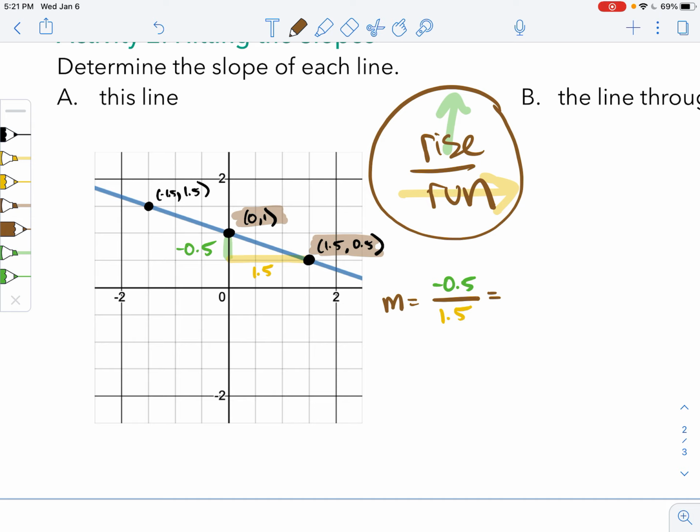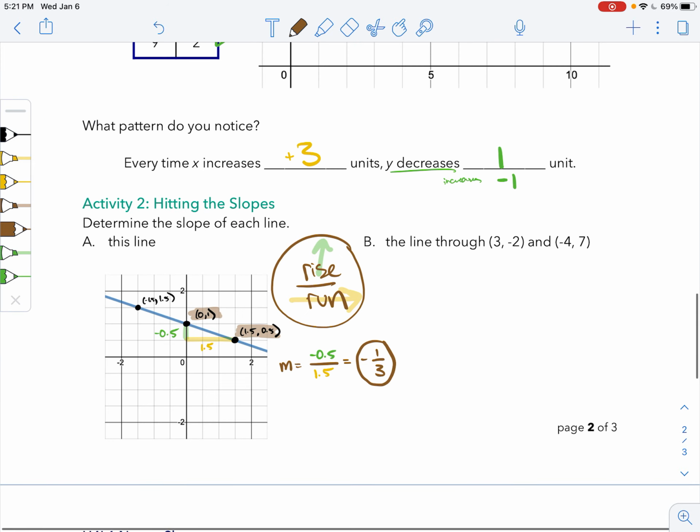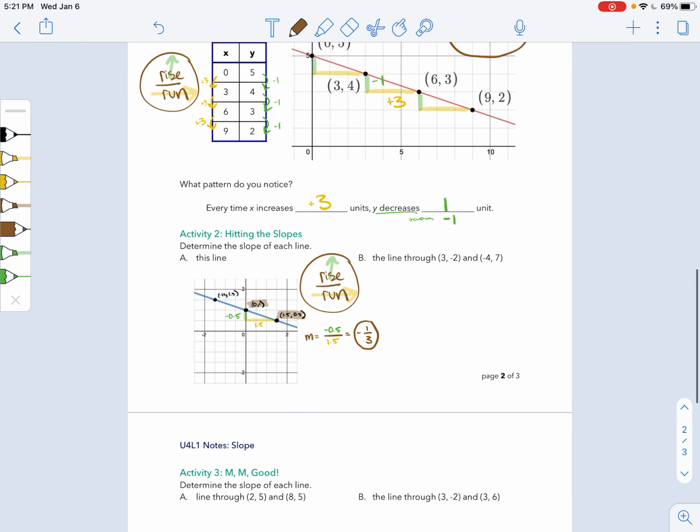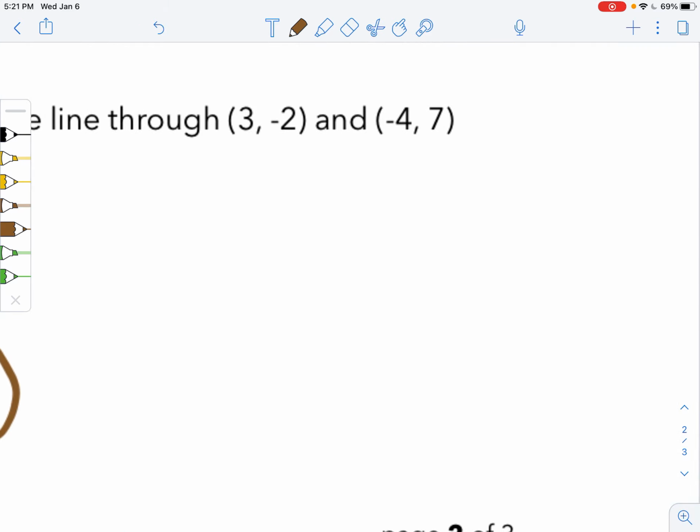It's a third, yeah, which is -1/3. So that's our slope. Ta-da! Cool. All right. Now, let's do this one.